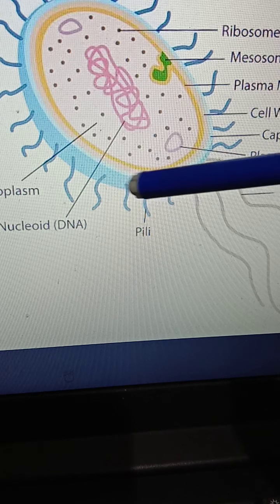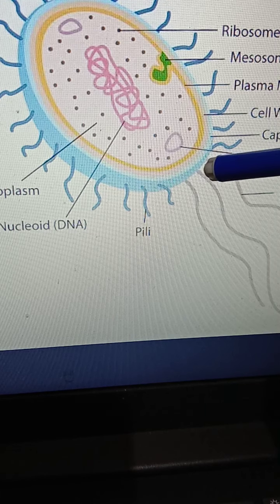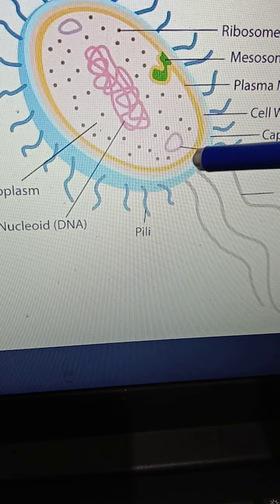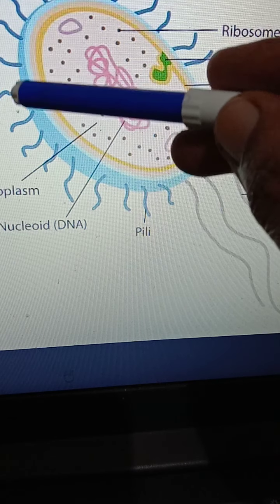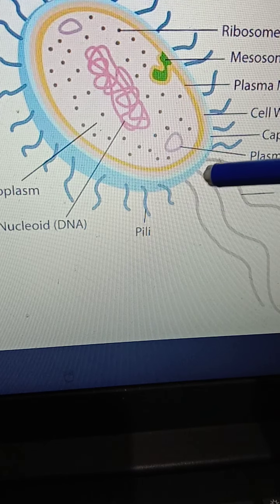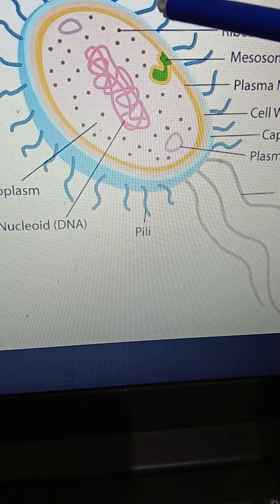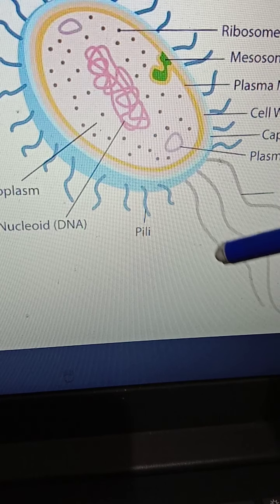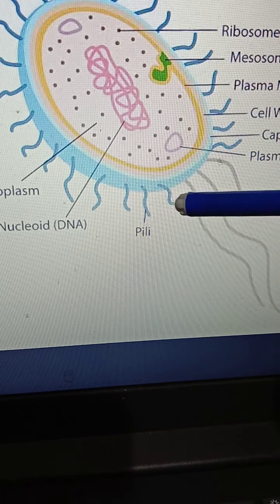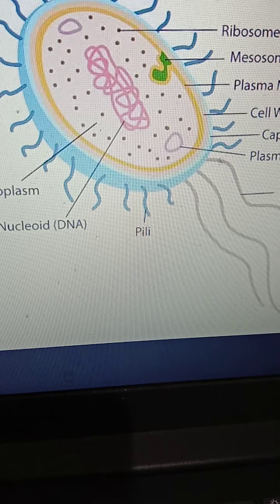Sometimes, not always, surrounding the cell wall you will have a capsule. This is present in some bacteria. Sometimes you also have the pili, hair-like structures, as well as the flagella. This is regarding the structure of a prokaryotic cell.